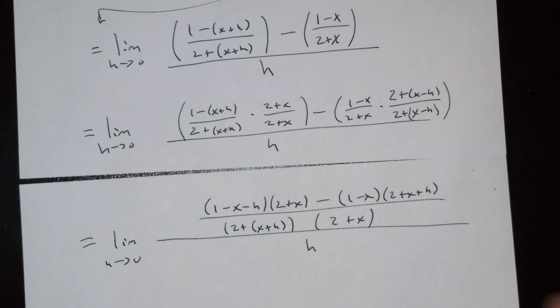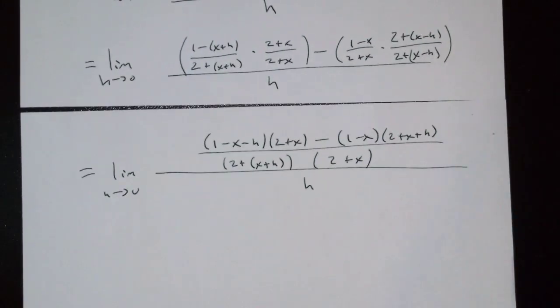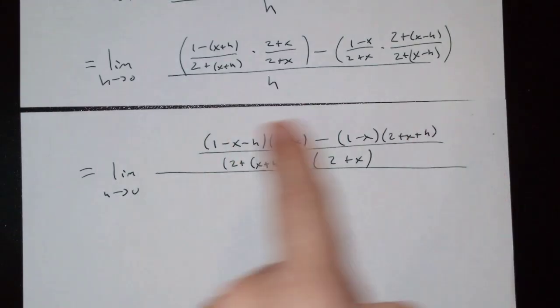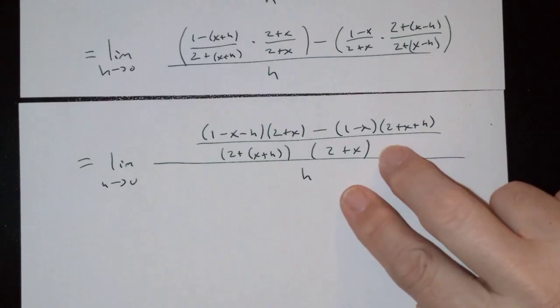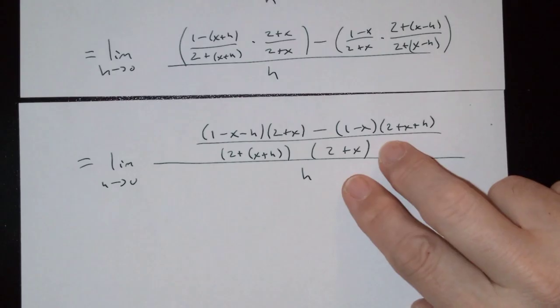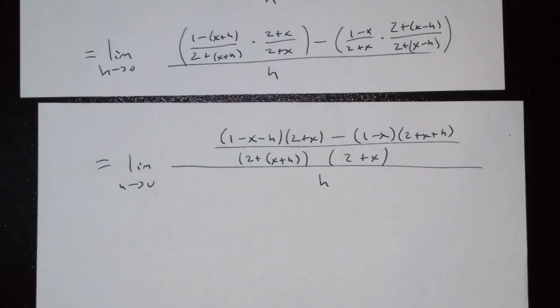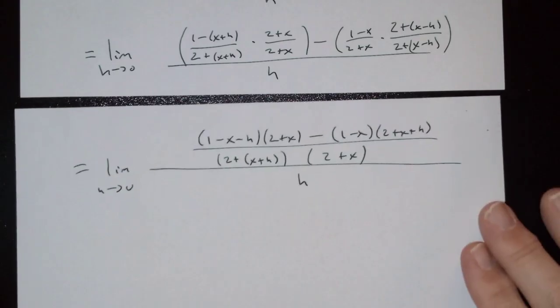Whew. I need you to take the very top part and multiply it all out. Leave these two alone. Just worry about the very top line and let's do the multiplying out.